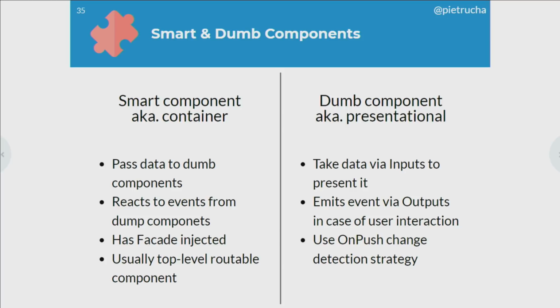It has the facade injected, or this abstraction layer, whatever you call it. It's just naming. It can be a top-level component, but if you think of the example of the admin dashboard, you can have more smart components that create the whole view. And the dumb components, or presentational components, also called pure components, have very little logic.